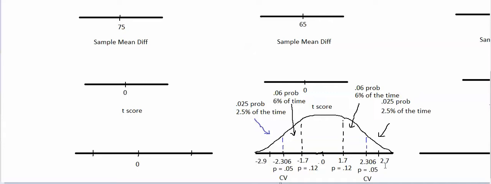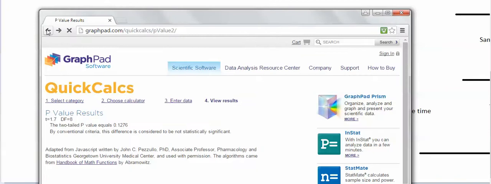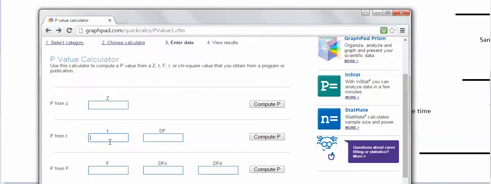Then I want you to take your new t-score and calculate its p-value. So I went with 2.7. I'm going to enter in 2.7 and the df of 8. The df is still 8. It's the total sample size minus 2.